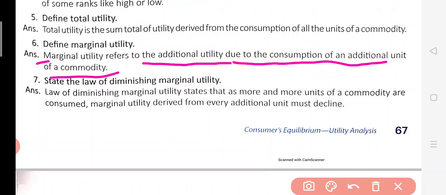The total utility at the first unit was 10, and when the second unit was consumed it moved to 18, so the increase here is 8. So when one additional unit is consumed, you get some additional satisfaction. That additional satisfaction when you consume one extra unit is called marginal utility.